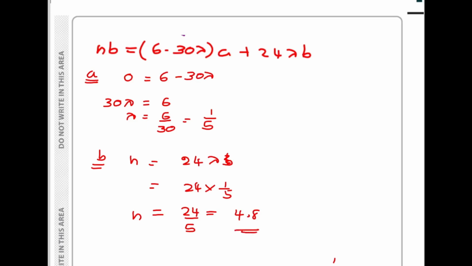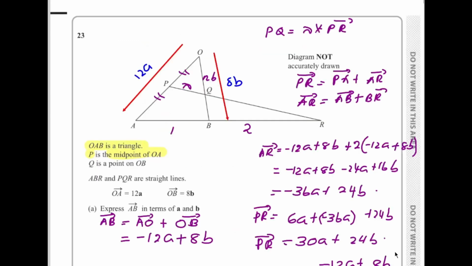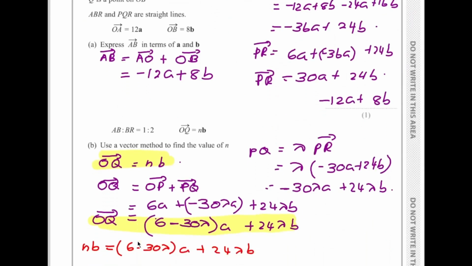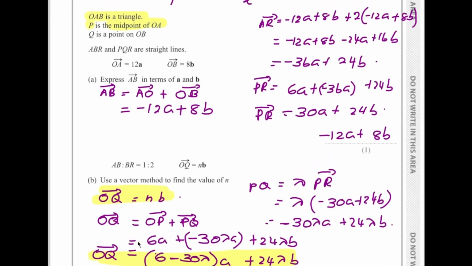So remember, when we are getting the ratios of the vectors, you always have to find the ratio you've taken in two ways.